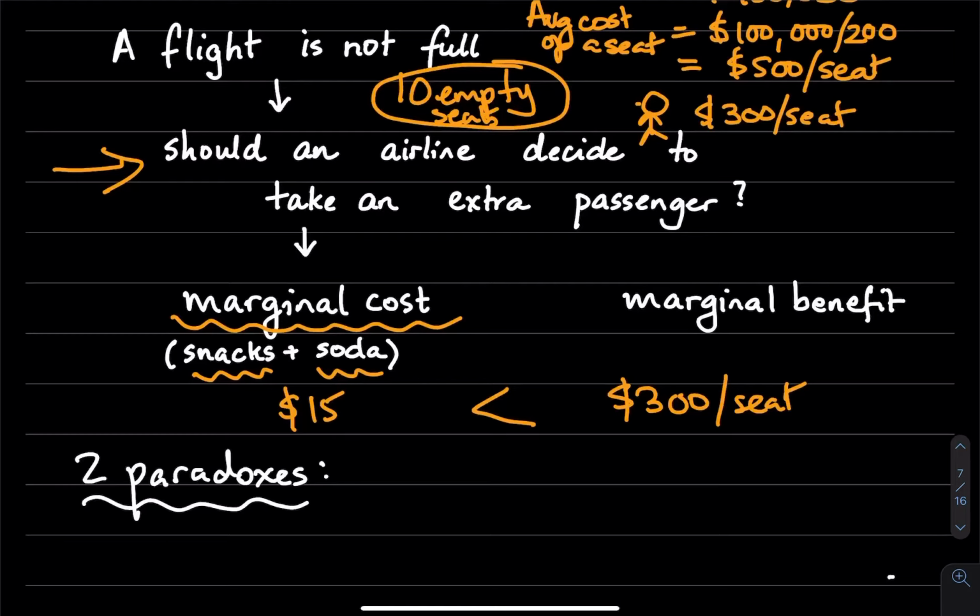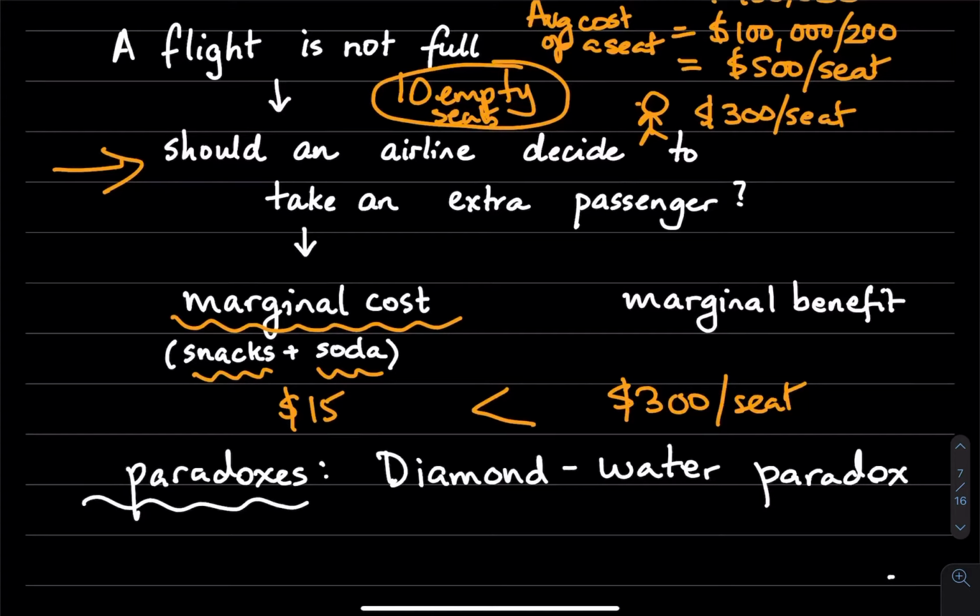One is the diamond-water paradox. I'm sorry, this is not two paradoxes, this is just one paradox that we talk about, where we talk about two goods.